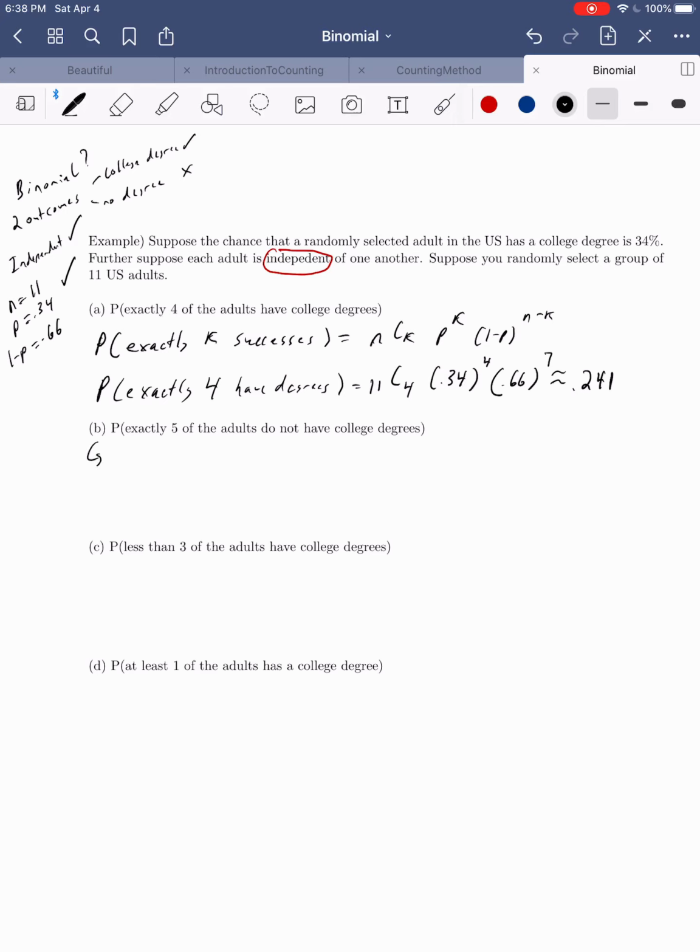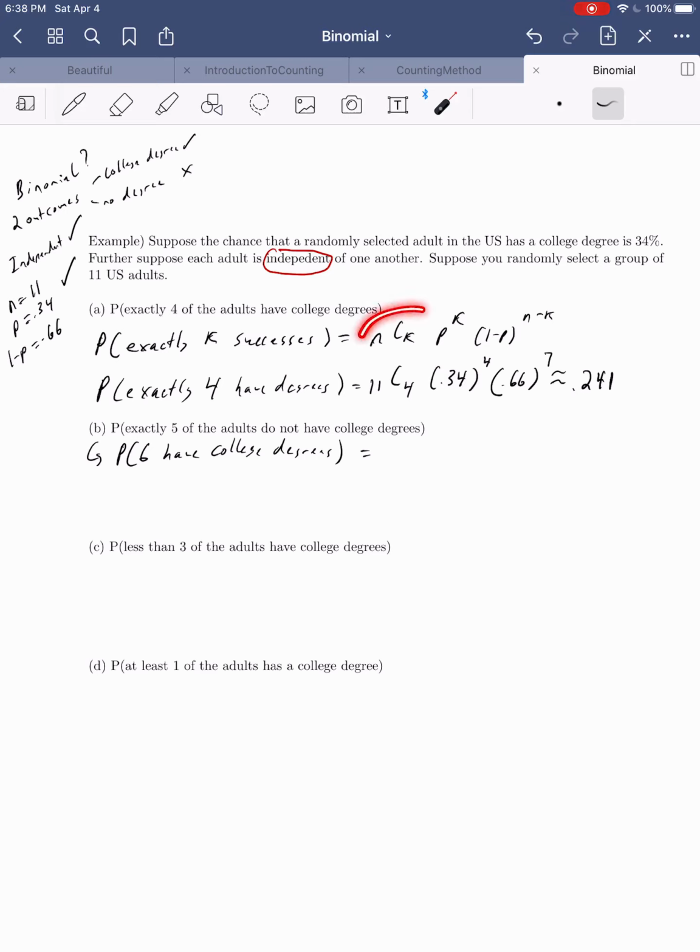If 5 of them are going to not have college degrees and we have 11 people, that must mean it's the same as having 6 have college degrees. So we're phrasing it, instead of in terms of the failures, in terms of the successes. So instead of thinking about it as 5 of them not having college degrees, we're going to think about it as 6 of them have college degrees.